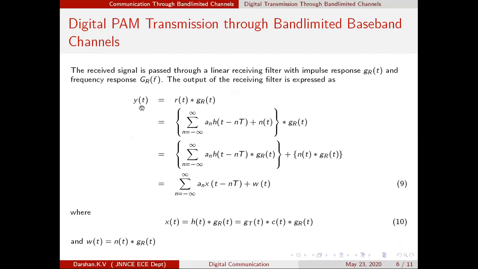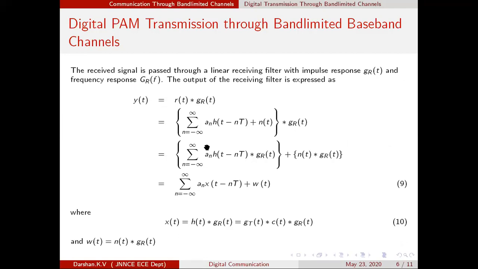What do you mean by that? y of t is equal to the received signal R of t convolved with g_R of t. The received signal is passed through a filter whose impulse response is g_R of t.